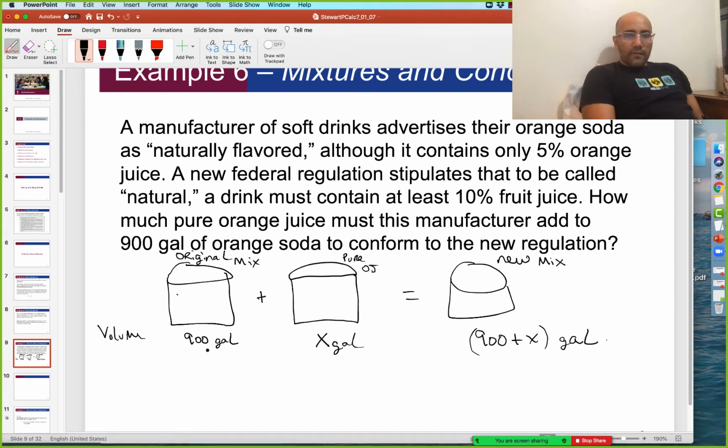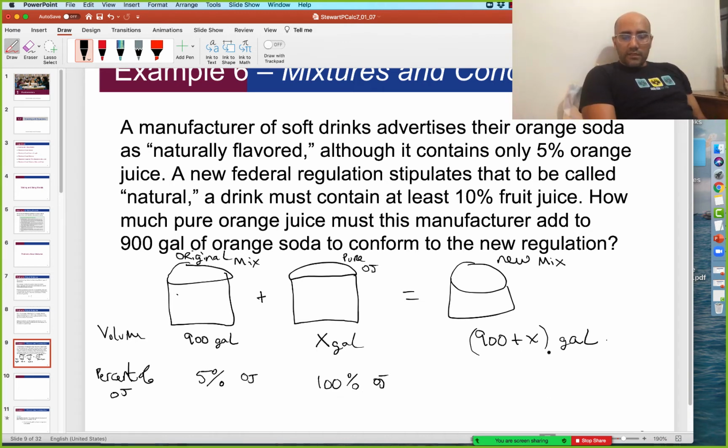Good. Okay, as far as percentages of OJ, percent of OJ, well, this one was only 5% orange juice, right? And then, well, this is pure orange juice, so it's 100% orange juice. 5% OJ, 100%, okay.